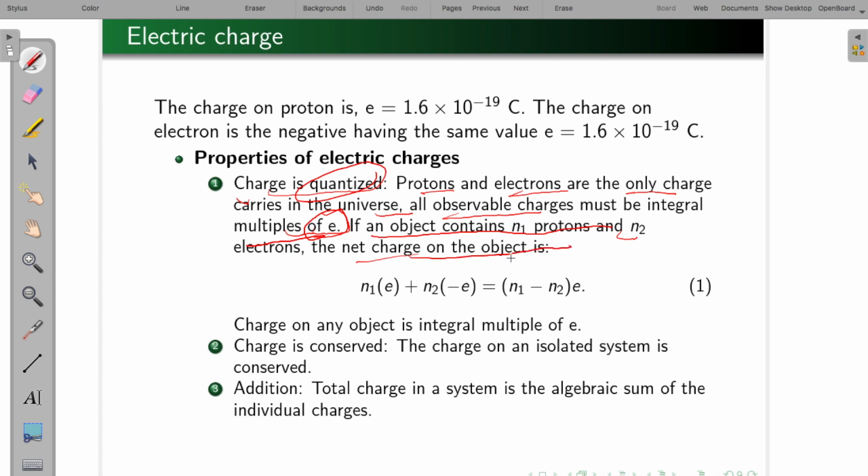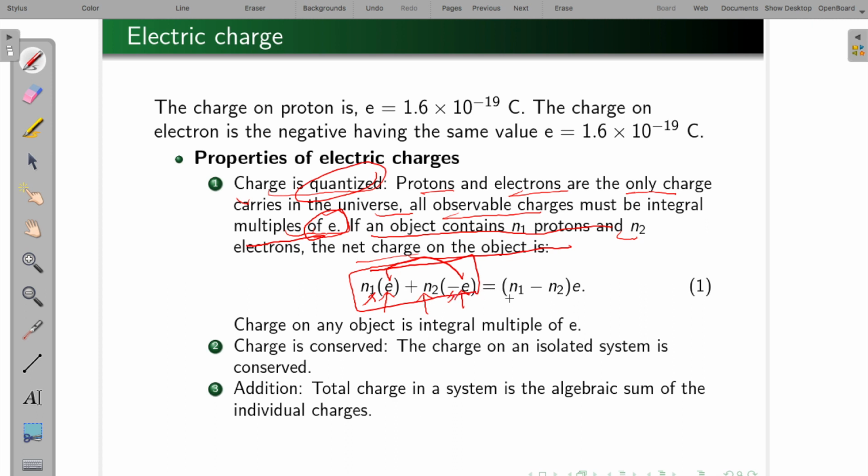Suppose an object contains n1 protons and n2 electrons. The net charge on the object will be... আমি কি কৰিম, total charge কেনেকে যোগ কৰিম, how we will do this? We will multiply the number of protons with its charge e and the number of electrons multiplied by its charge. Since the charges are same but in case of the electron we must put a negative sign.